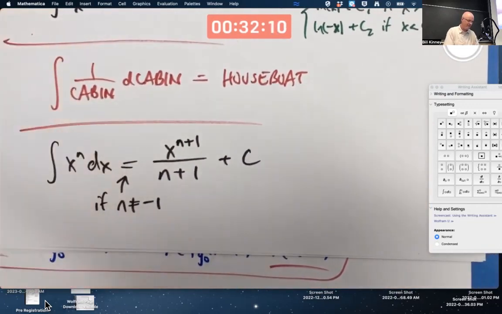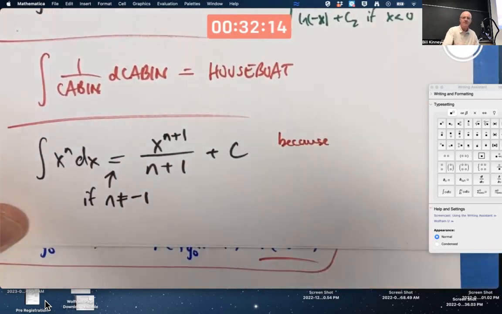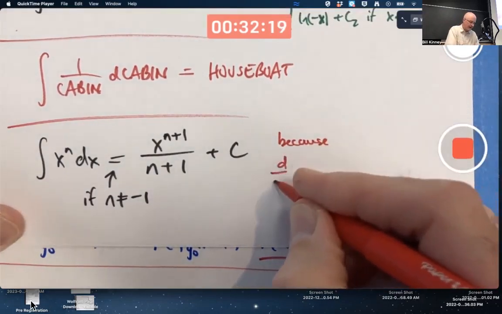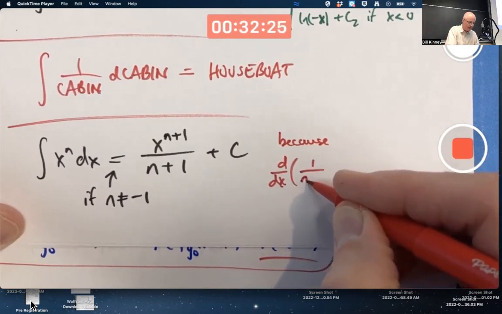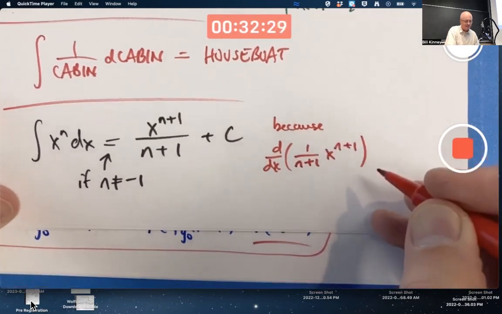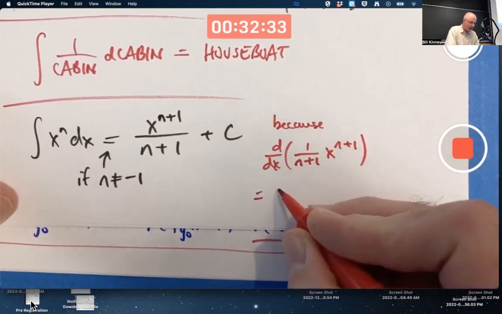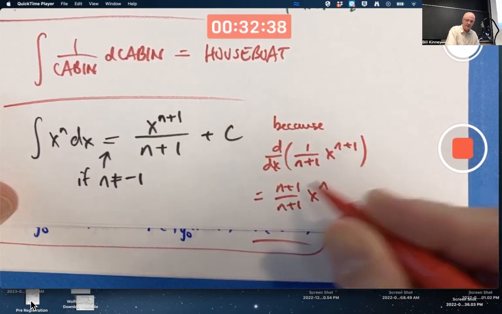Check it. This is because the derivative with respect to x of, I'll put the dividing by n plus 1 out in the front as a multiplying by 1 over n plus 1, the derivative of that, not going to bother putting the c in there, I'd bring down the n plus 1, and I'd subtract 1 from the exponent.